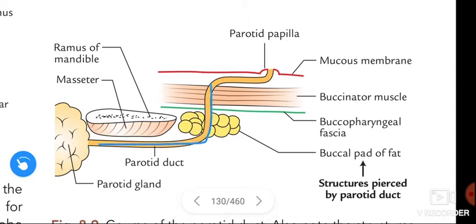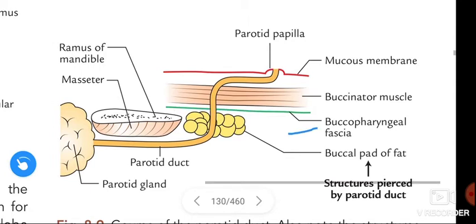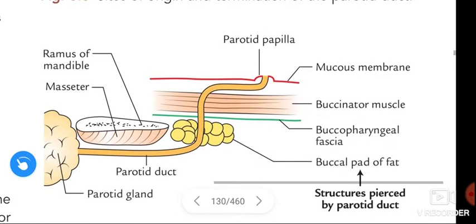This is the first turn. It pierces, see here, the buccal pad of fat and buccopharyngeal fascia. See here, this is the buccopharyngeal fascia and buccinator muscle. After piercing the buccinator muscle, the parotid duct again bends.